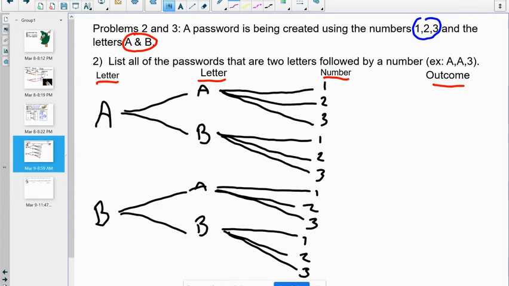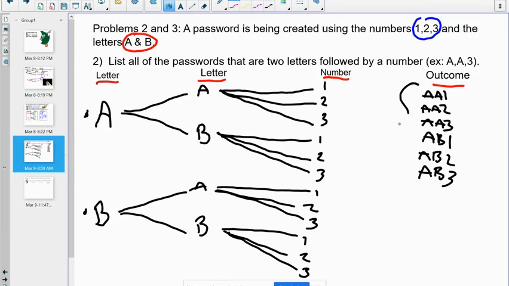Now if we write our outcomes out, I'm not going to write them all out for the sake of time. I'm just going to do the first, when we start out with A, and we'll know it will have the same amount as if we start out with B. So we have AA1, AA2, AA3. Okay, so we have all of our double A's. Now if we had A first and B second, we have AB1, AB2, AB3.